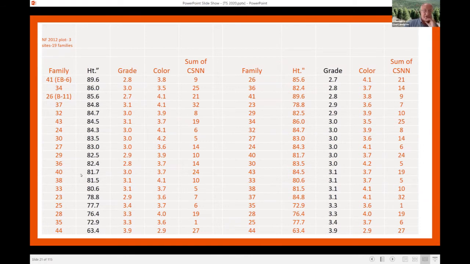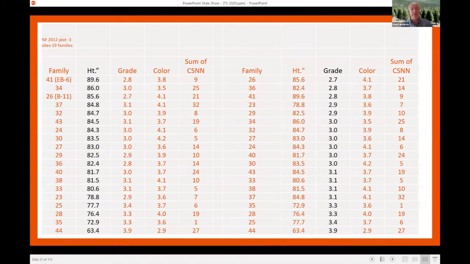But on the brighter side, what we're looking for are the best trees, and we look for trees that have good height, excellent grade, nice color, and very few problems with needle necrosis. So Edwards Butte number 6, which is this number 41, came out to be the tallest tree in the test.